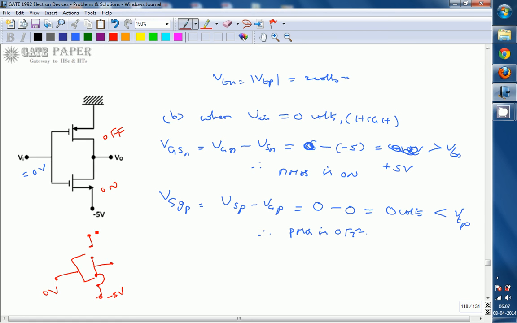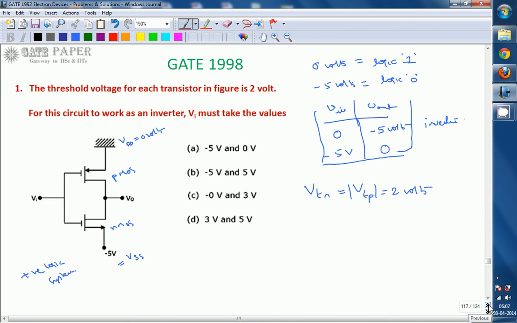If you apply V input of 0 volts, PMOS is off, NMOS is on, and V0 is connected towards minus 5 volts. So whenever V input is equal to 0 volts, V0 is equal to minus 5 volts, and whenever V input is equal to minus 5 volts, you will get 0 volts.